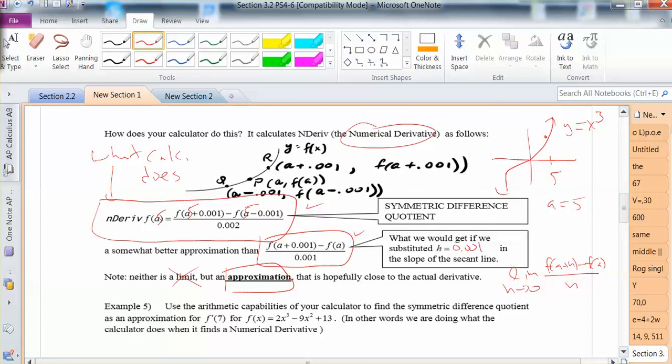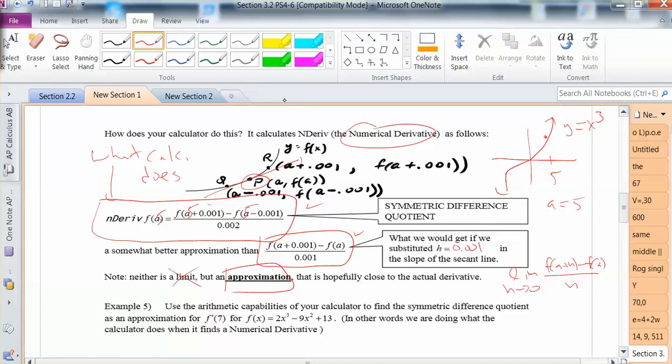If you look back at the difference quotient again, notice how they have a point to the right of the point where we want to find the derivative, or the slope of the tangent line, right? And they have a point to the left as well. And again, that's a plus 0.001 for x, a minus 0.001 for the left point for x.